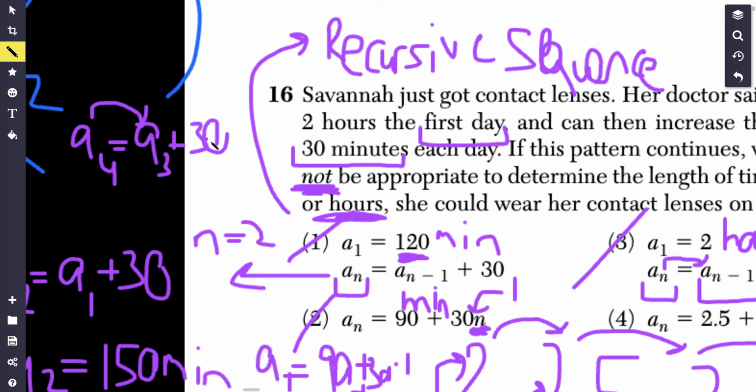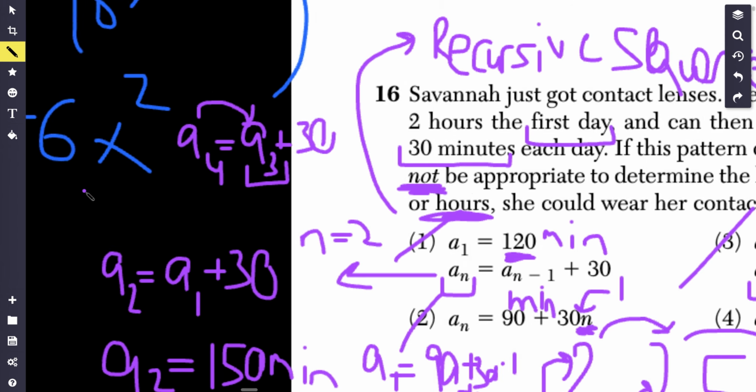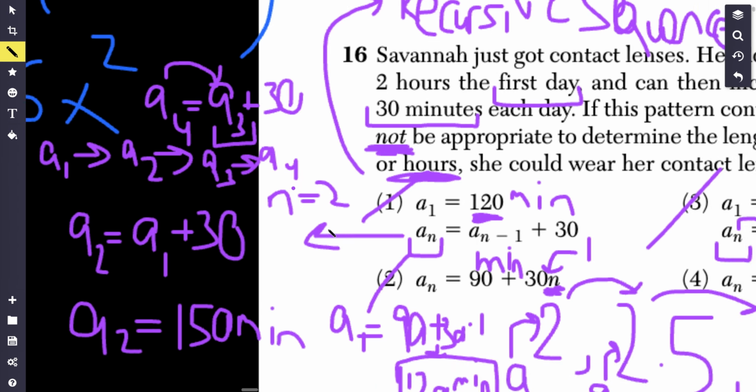Without information from the last day, you can't find the value of a sub 4. You have to do it manually, step by step. If you were given the value of a sub 1, you would have to find a sub 2, then a sub 3, and after that you would finally be able to find a sub 4.